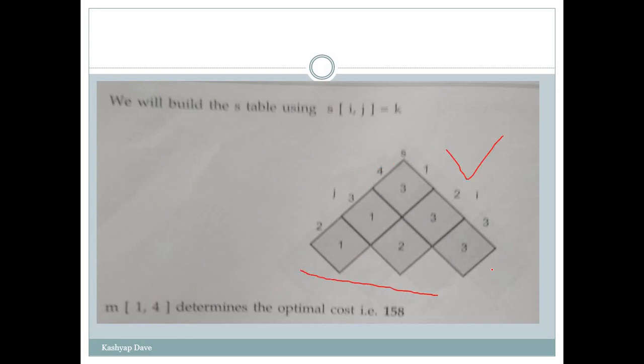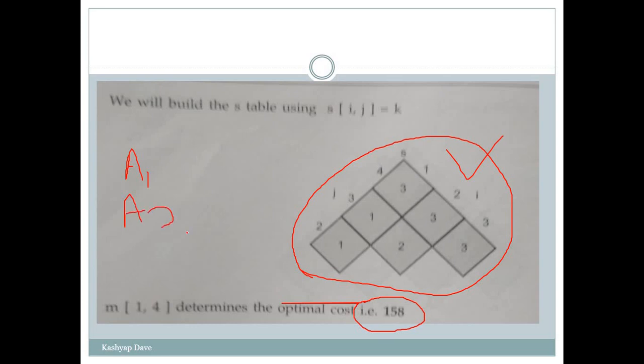From that table we can find that we will need 158 multiplications for finding the multiplication of the 4 matrices A1, A2, A3 and A4 of different dimensions. So this is the matrix multiplication problem and its solution.